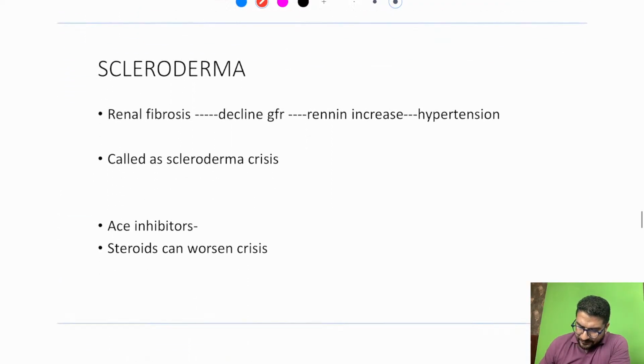Okay, now coming to scleroderma. Now just try to understand. In scleroderma we will have different manifestations. कई सारी manifestations होंगी. So we have a localized form, or I can say superficial form, जिसको हम बोलते हैं CREST syndrome.